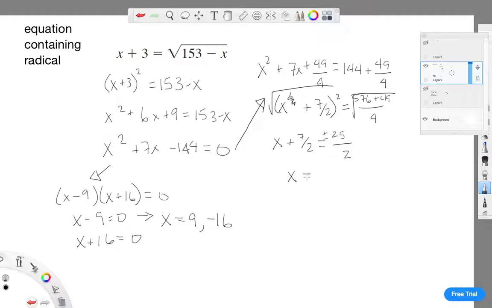All right, so x is equal to 25 minus 7 over 2, and x is also equal to negative 25 minus 7 over 2. 25 minus 7 is 18, over 2 is 9, and negative 25 minus 7 is negative 32, over 2 is negative 16. So it's a little bit messier, but you can come to the same answer either way.